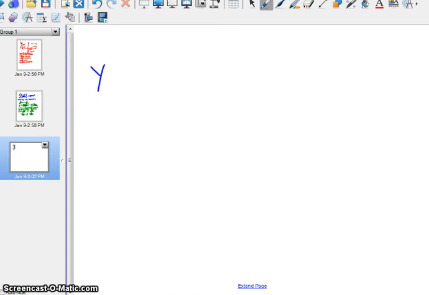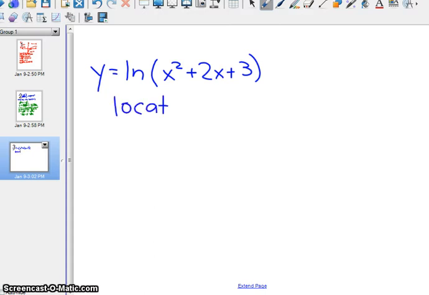So, if my function is y equals natural log of x squared plus 2x plus 3, I want you to find or locate the relative extrema.